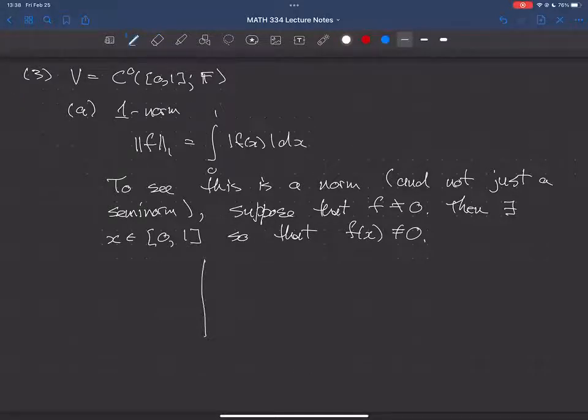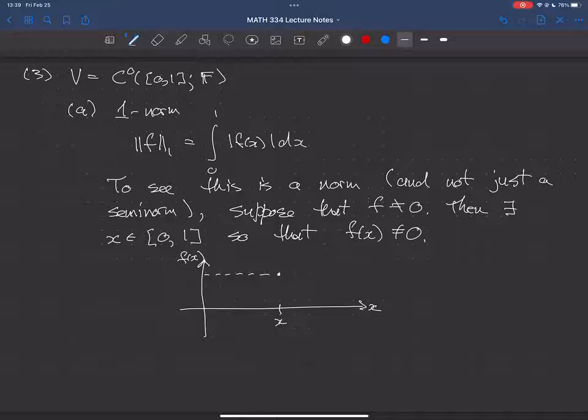All right, so here's the graph of my function. I know that there's this point x where f is non-zero. And for convenience, to fix one of the two possibilities, let's suppose that f is positive. So I know at this point the value of f of x is not 0, and I'm going to assume it's positive.